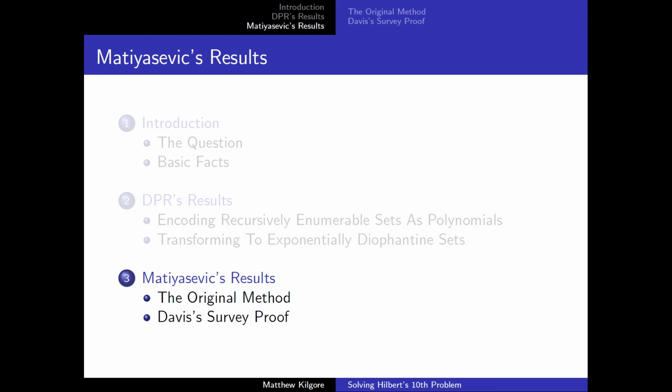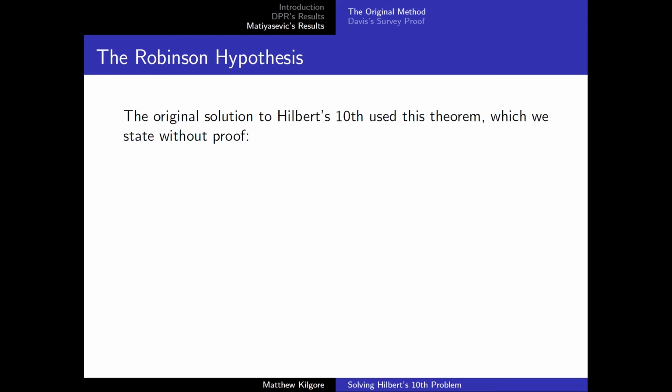Let's first describe the original proof in a non-technical manner. The total solution to Hilbert's 10th problem uses a theorem from Robinson, the same one from the previous result. And we state the theorem without proof. Again, I would like to, but we don't have infinite time.